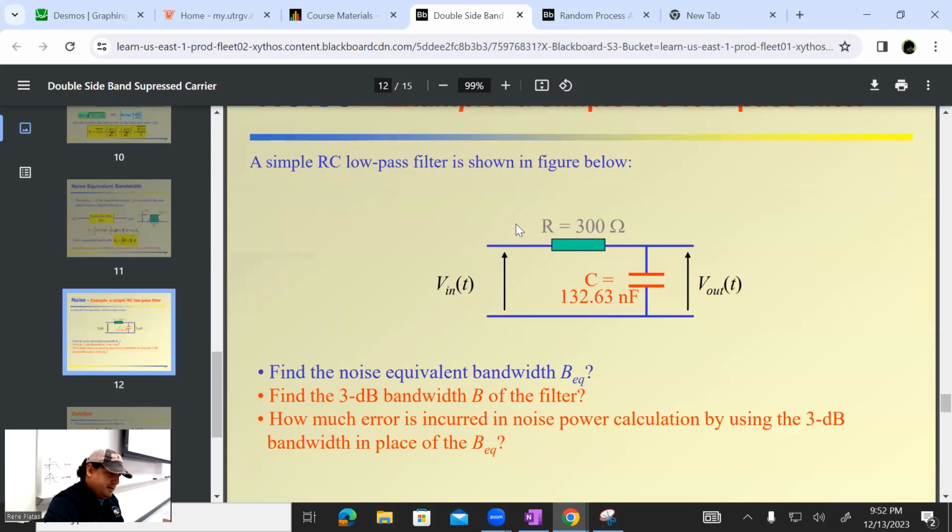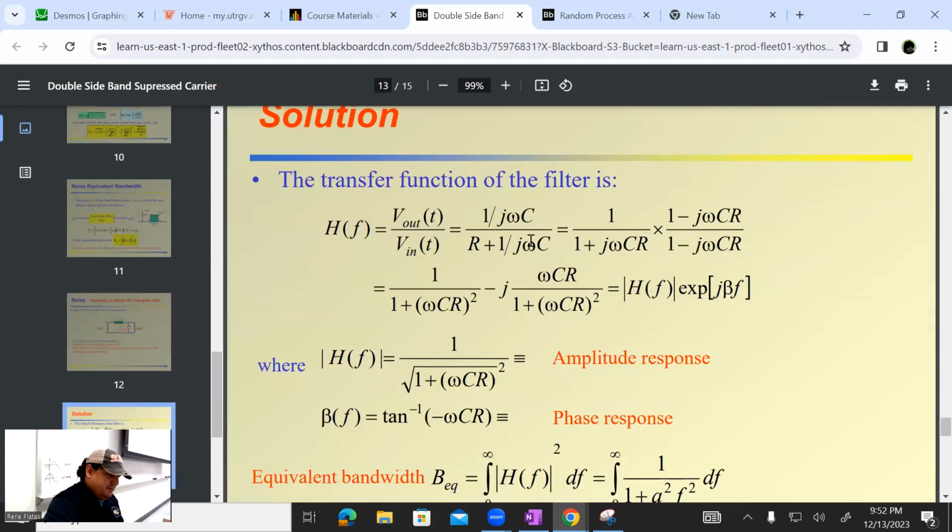We use a voltage divider here to get this. I guess we don't want complex numbers at the bottom. We're left with this right here. Omega CR.